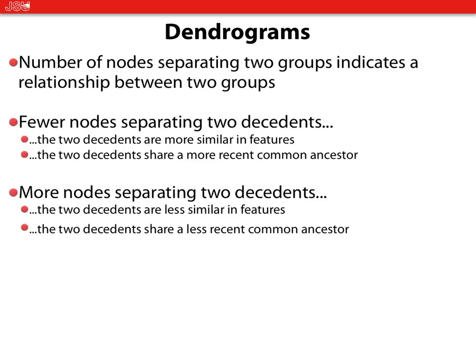Okay. One last thing here, and I think we'll wrap this up on at least the dendrograms. We'll move on to something else. It's the fewer nodes that separate them, the closer those are evolutionarily speaking. The more nodes that separate two groups, the further they are from each other, evolutionarily speaking.